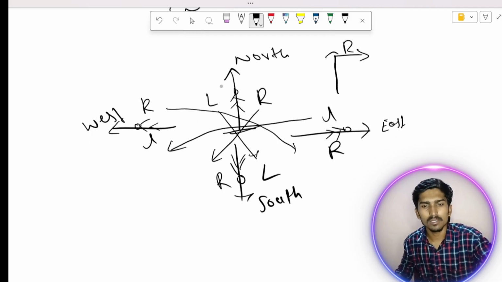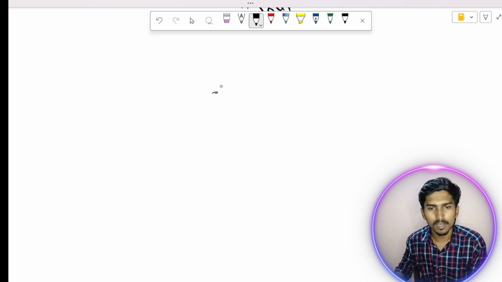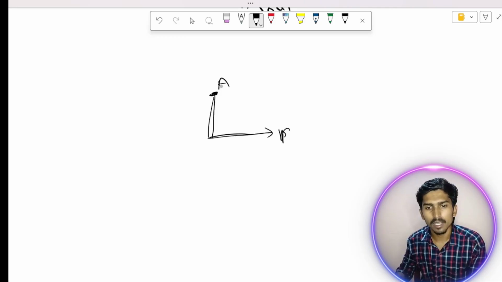The next basic knowledge you should know is the reference point. For example, if A is here, moving southwest and then moving again towards the east direction, that is the ending point.